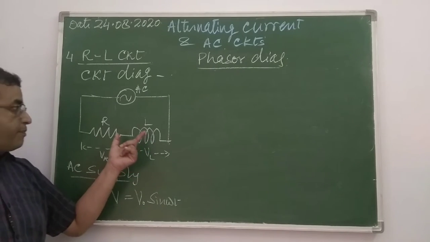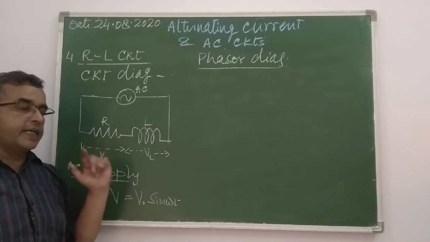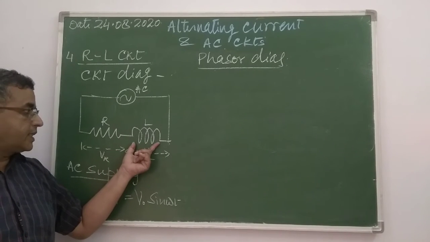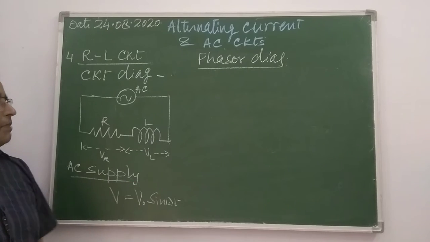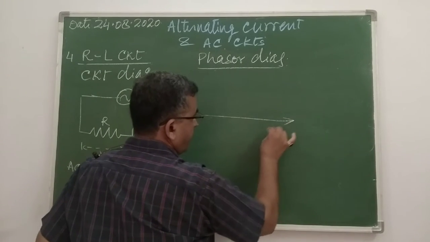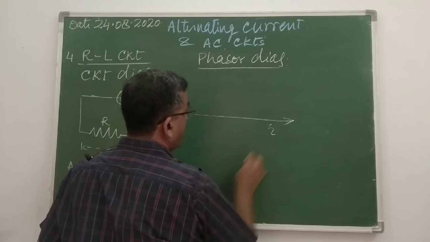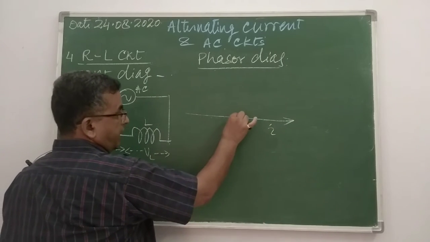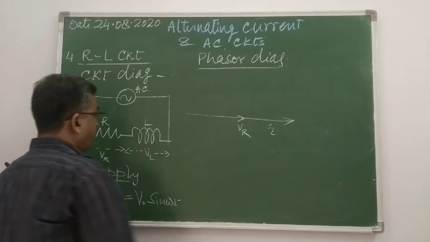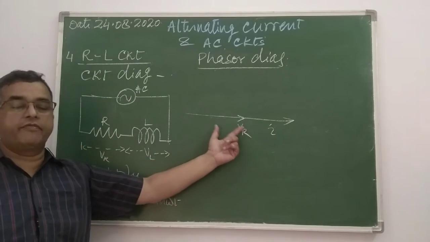But in case of only inductance, the voltage across L leads the current by phase pi by 2. So this is the direction of current. The voltage across R, both will be in the same direction, or the phase difference will be 0.